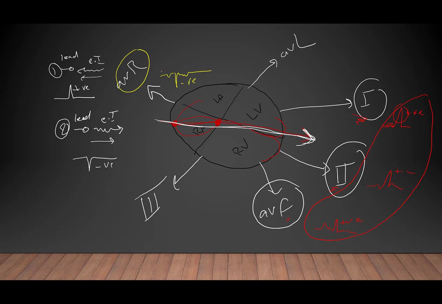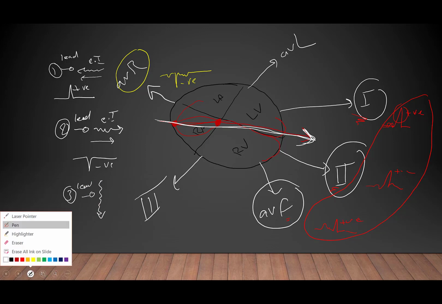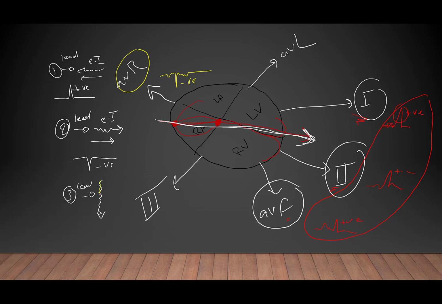Okay, the last point about the axis is the third one, which is if we suppose that this is a lead and this is the electrical impulse. When the electrical impulse is toward the leads, it causes a positive deflection.